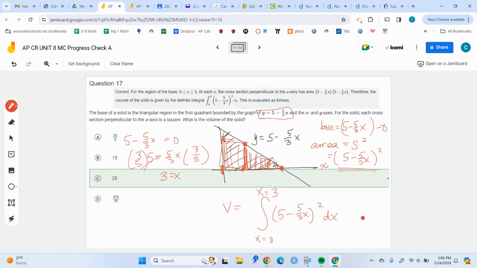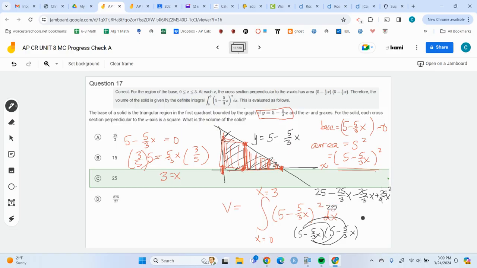Okay, so now you know what? We actually have to do this one by hand and integrate it out. So what is this? 5 minus 5/3 x, squared. I'm going to have to write this out in order to really see what's happening here. So that would be 25 minus 25 over 3x minus 25 over 3x plus 25 over 9x squared.